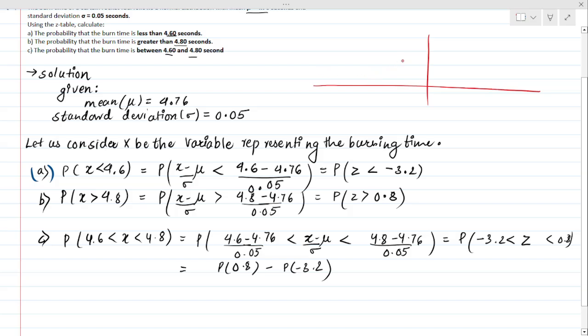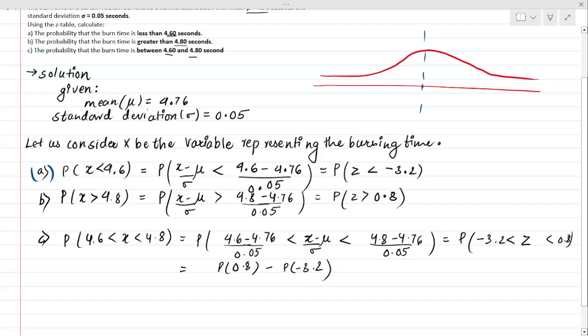Let us make this symmetric about this axis, so let us assume that this graph is symmetric about this dotted line. Now we have minus 3.2.